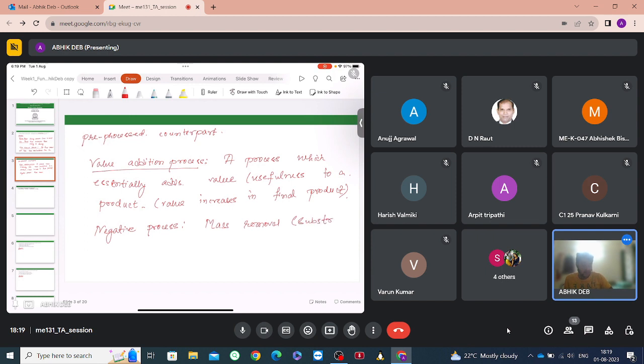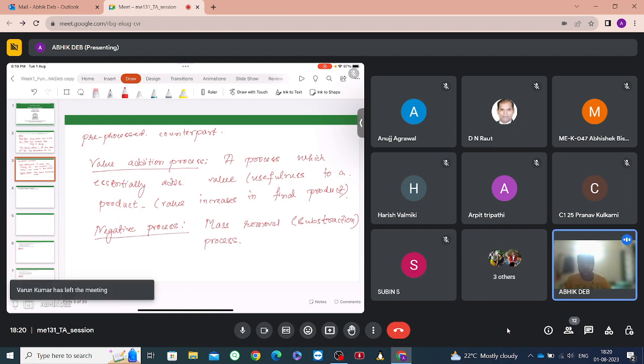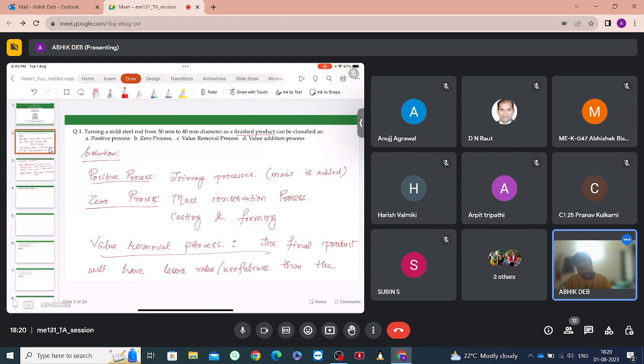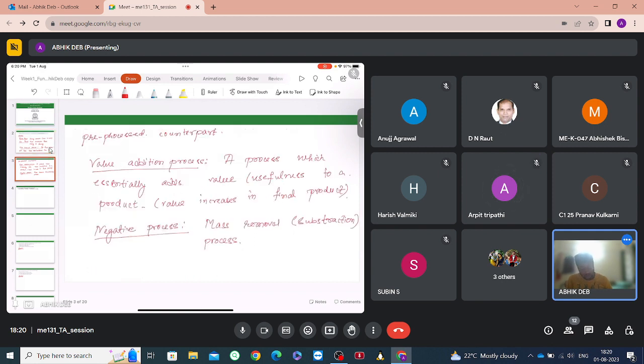That is what you all were referring to, but that is a mass removal or mass subtraction process, not a value process. So the correct answer will be option D. It will be a value addition process.